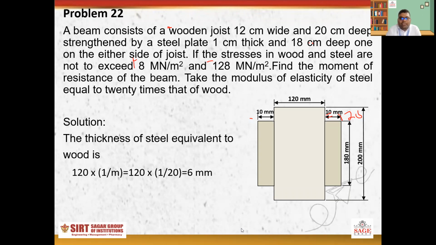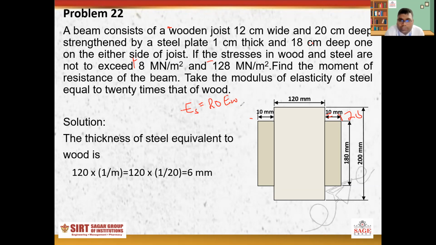So directly the modular ratio is given. What the question said, I'm just writing in numerical form. So you can see, ES is equal to 20 EW for wood.